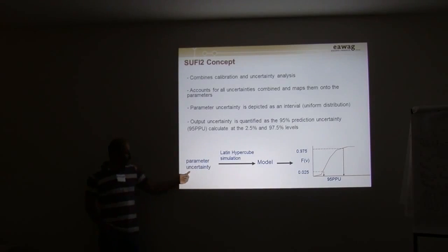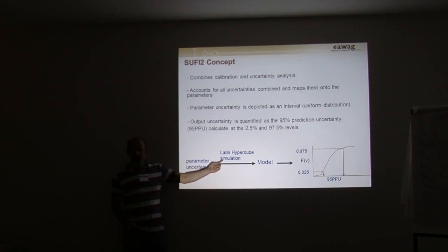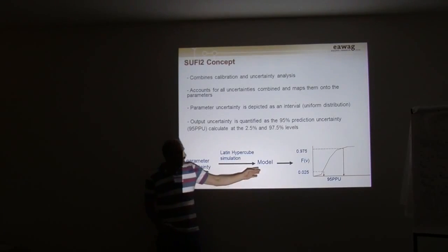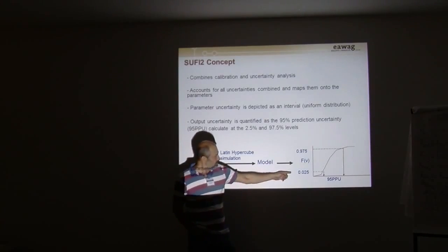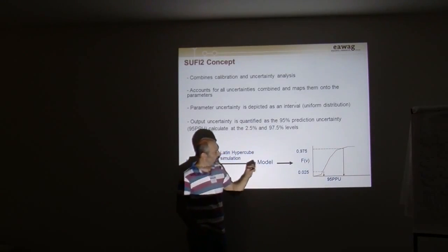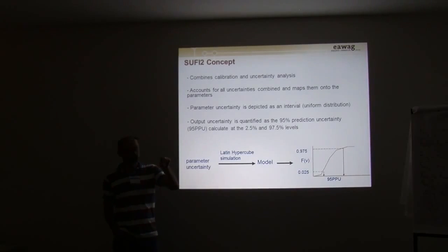You have your parameter uncertainty. You use Latin hypercube to take samples, and then you give those to the model. You do this 500 or 1,000 times, and at the end you calculate your solutions. Every observed point will have a cumulative distribution of simulations.